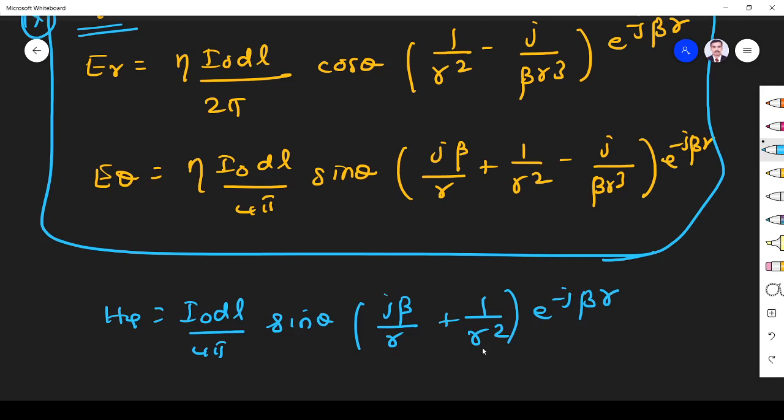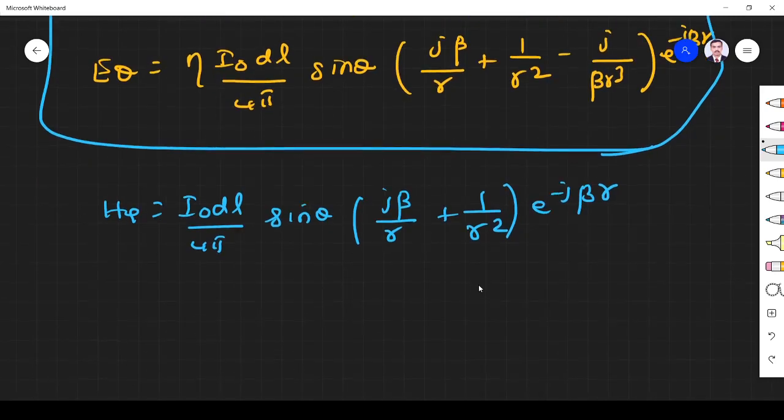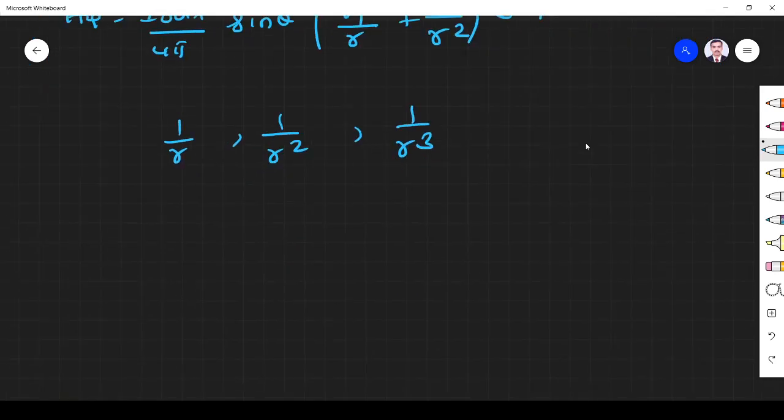Here you see, from this equation we have 3 r components: 1 by r, 1 by r square and 1 by r cube. The ER and E theta depend on these values, 1 by r, 1 by r squared, 1 by r cube. Yes or no?